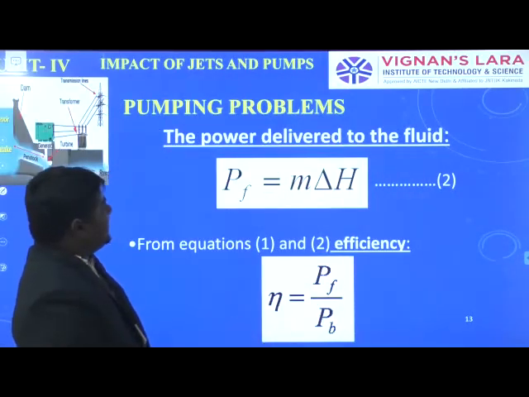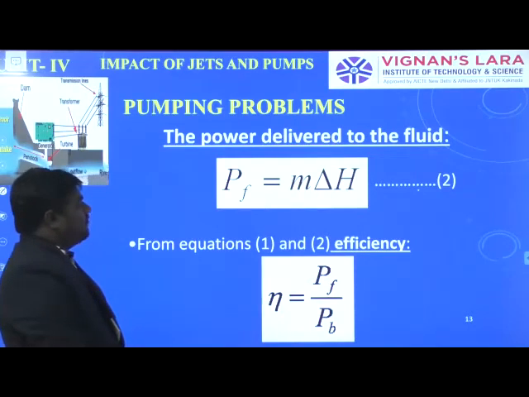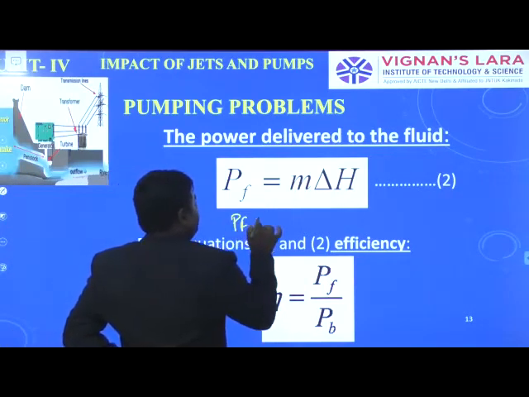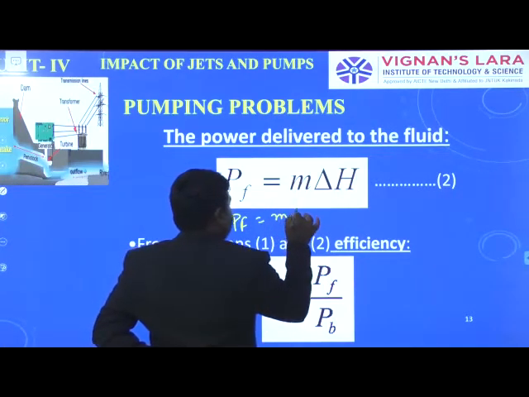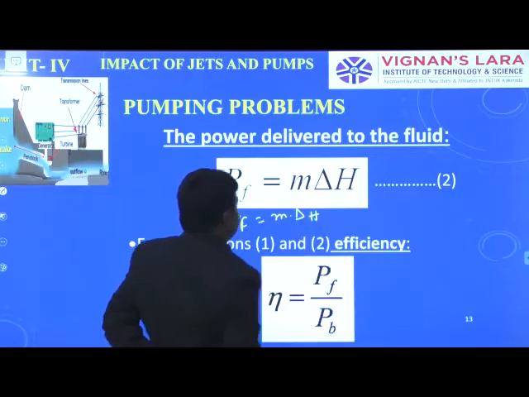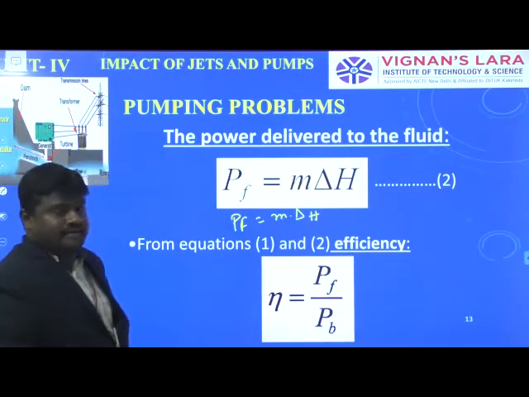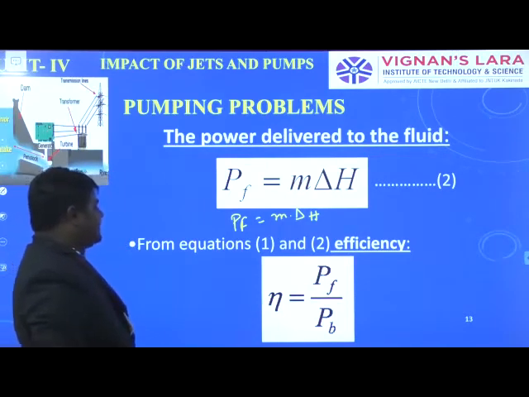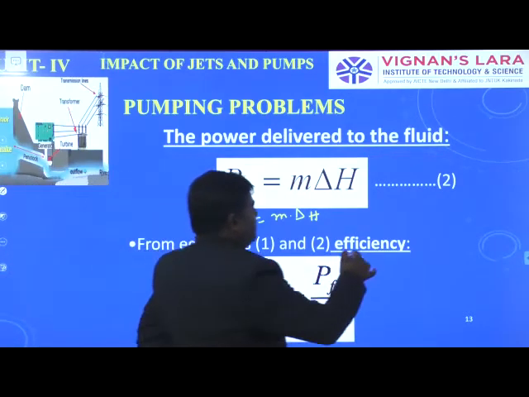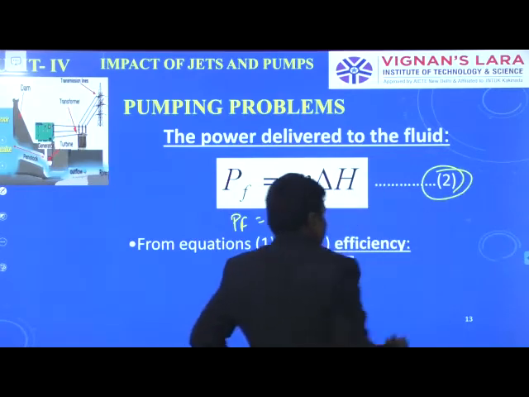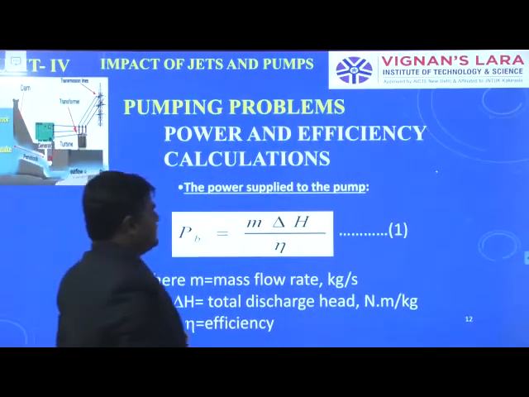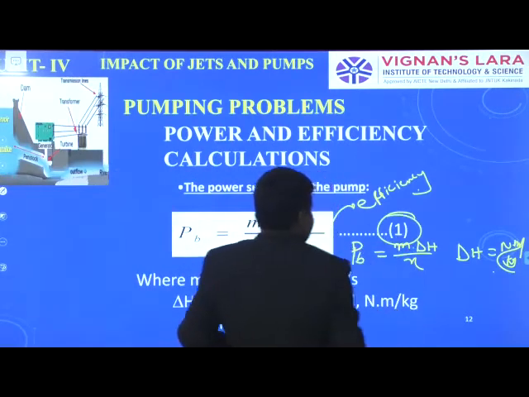Now the power delivered to the fluid, PF, equal to M into delta H. We know the M value, that is the mass of liquid, and the delta H, from equation 1 and 2. This is equation number 2, this is equation number 1.